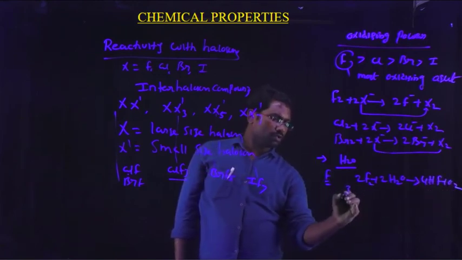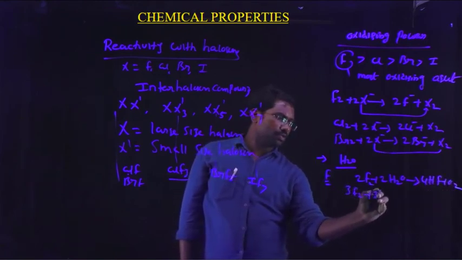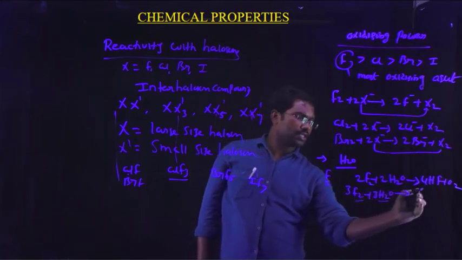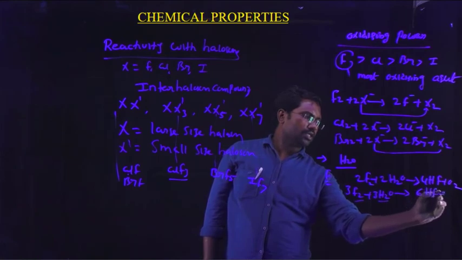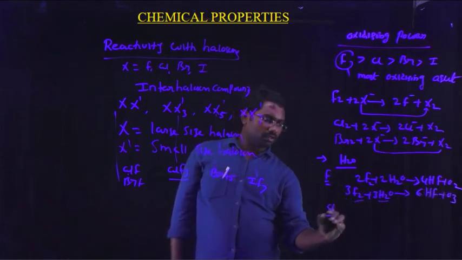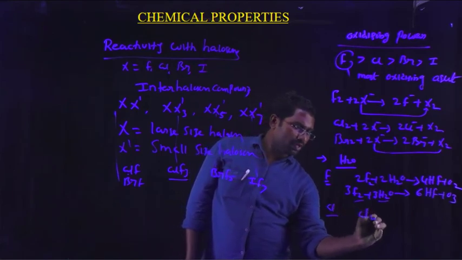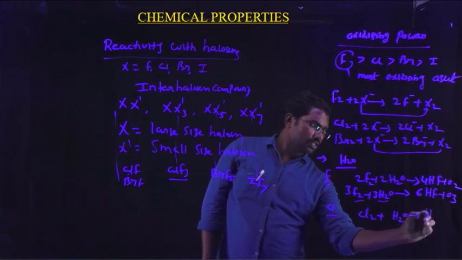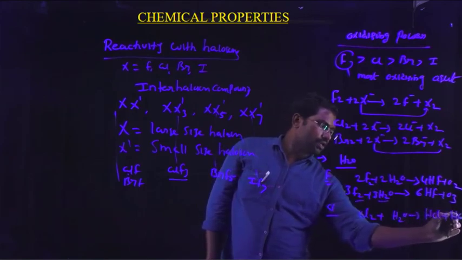Next, 3 moles of fluorine react with 3 moles of water. It also gives rise to 6 HF plus ozone. Come to chlorine. Chlorine reacts with water, it gives rise to HCl plus HClO.